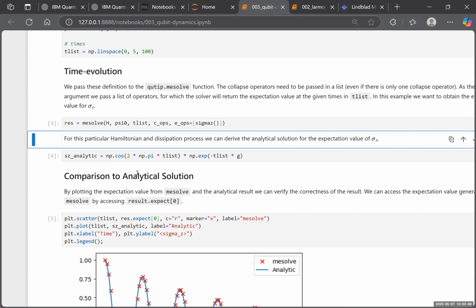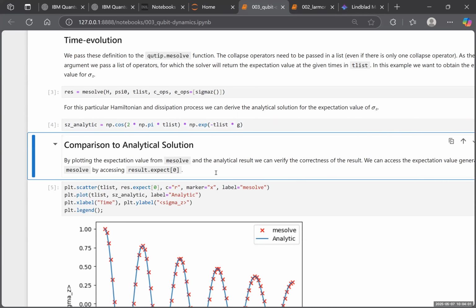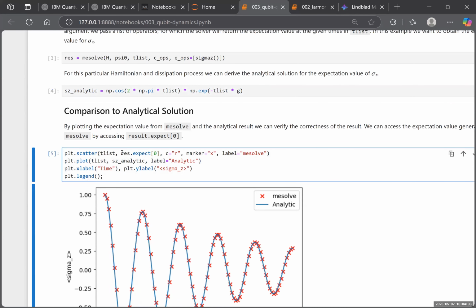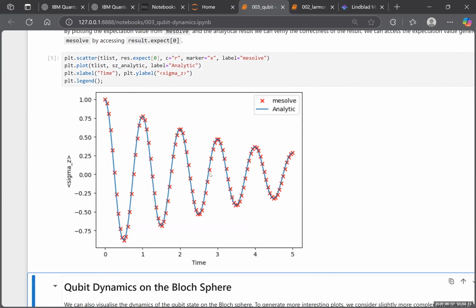Okay, you solve this, and because this is a simple system, you can solve analytically. So they provide this analytic expression, and compared to that, you plot the results, you plot the analytic. Okay, and it seems very, very accurate.